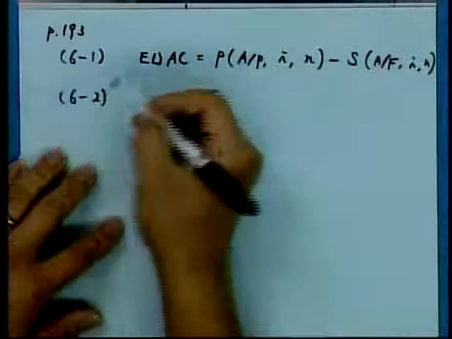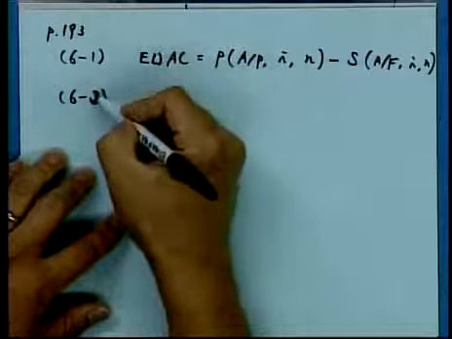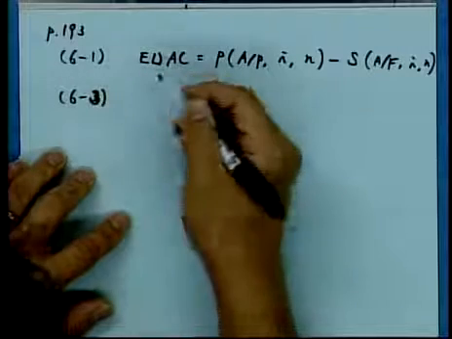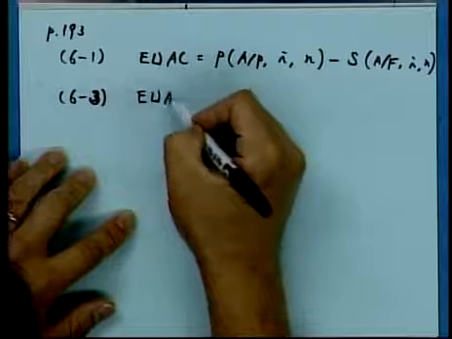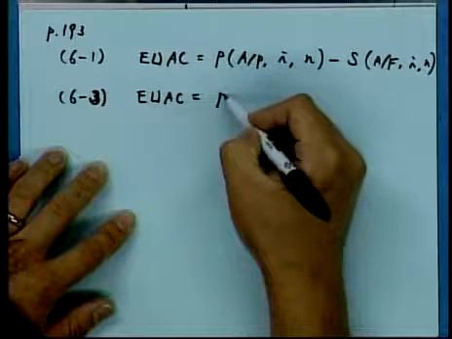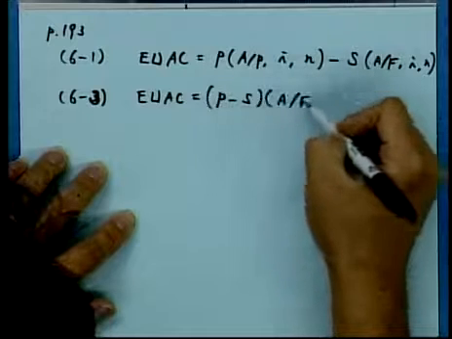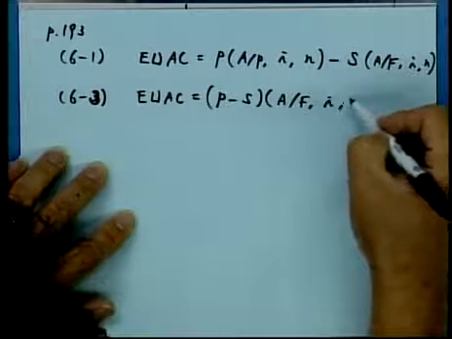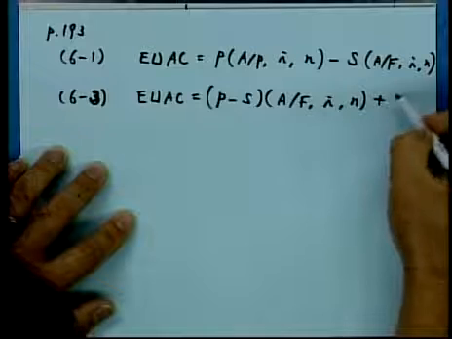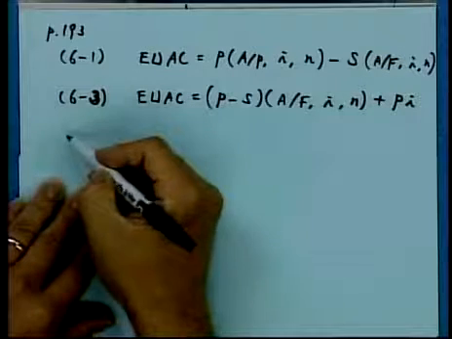Or formula 6-3: equivalent uniform annual cost is (P minus S) times (A given F, i over n) plus P times i.